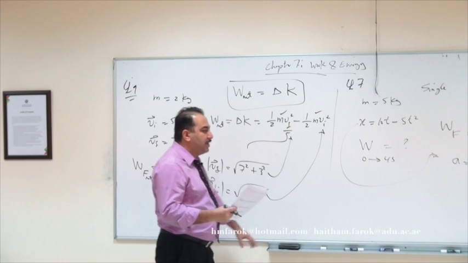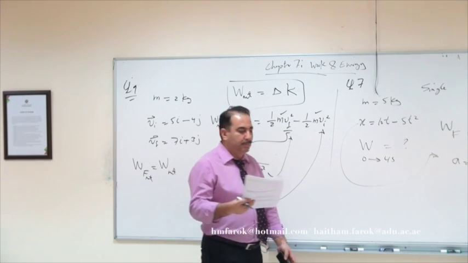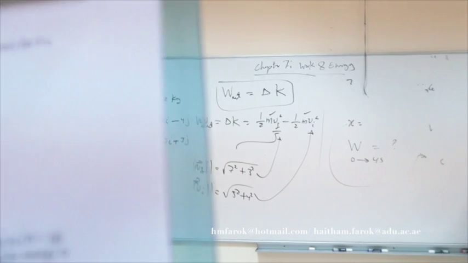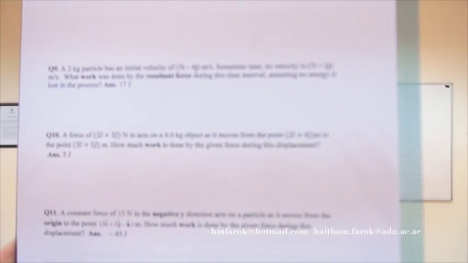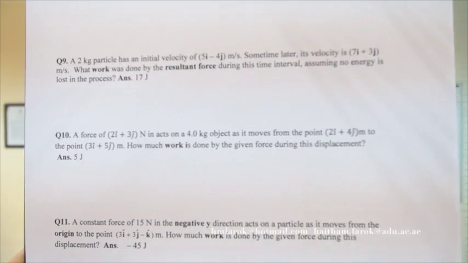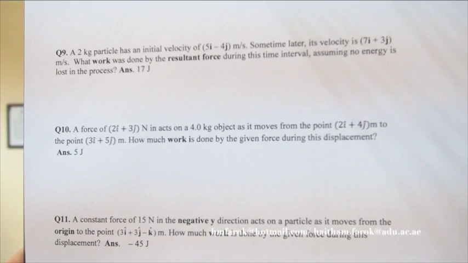Now we move to question 10. Question 10 says, a force of 2i plus 3j, in Newtons, of course, acts on a 4 kilogram mass.